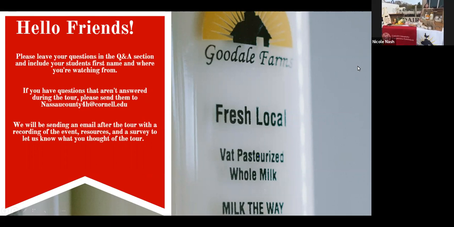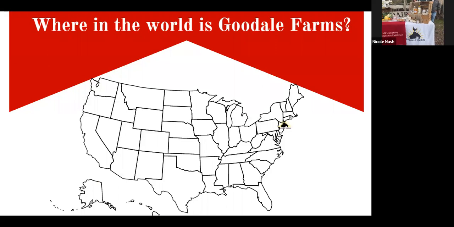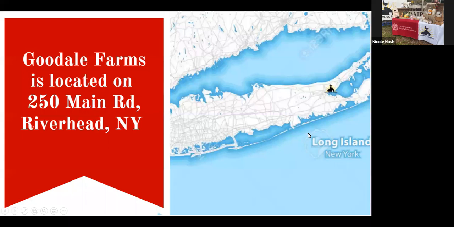In case you're wondering where our host farm is today, here is a map of the United States, which I'm sure you are all very familiar with. If you look all the way here in New York State, you'll see a little icon there. Specifically, our farm is located at 250 Main Road out in Riverhead. We can see all the way out here on the east end of Long Island where this little icon is.